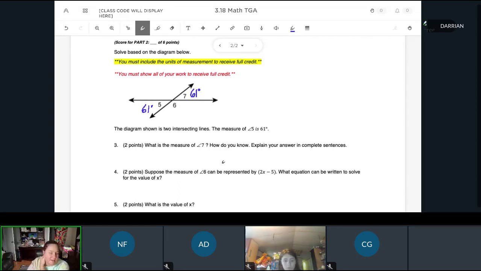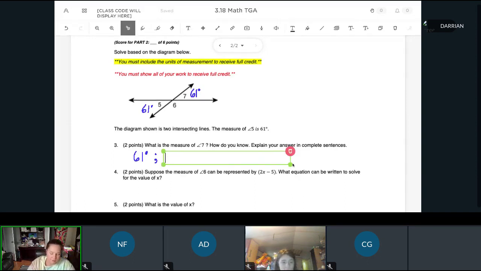So just by doing that, we've already answered number 3. It was asking what's the measure of angle 7. So go down here and write 61 degrees. And I'm going to put a semicolon because it asks a second part of your question. How do you know? I'm going to use the text tool for this since it's just text. And you're going to write vertical angles are equal.